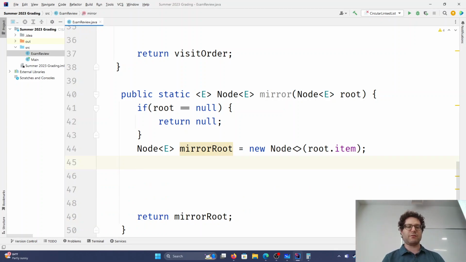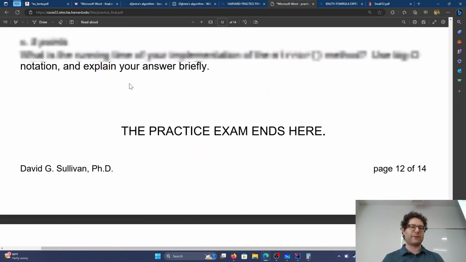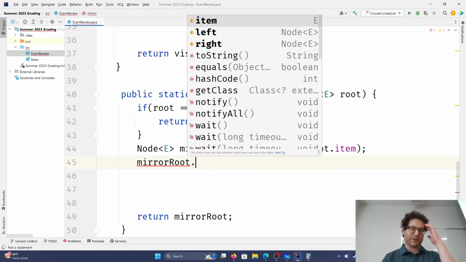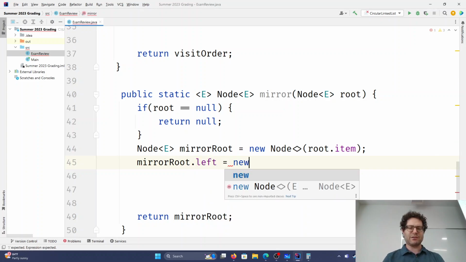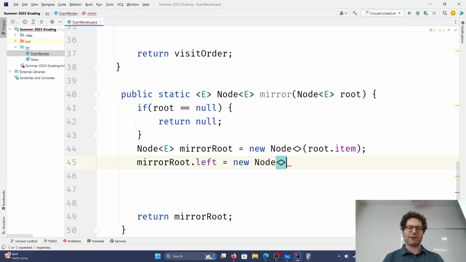And so now, what do I need to do? I need to create new nodes for my left child and right child, and I kind of swap them. So I'm going to do this incorrectly at first, but on the way to a correct answer. So mirror root dot left is equal to a new node, this is the incorrect part, but it's on the way to the correct answer.